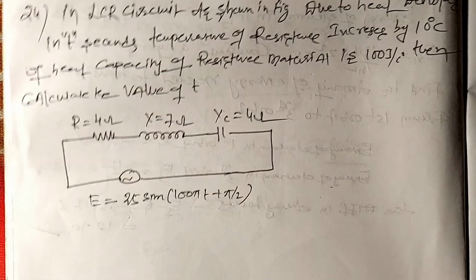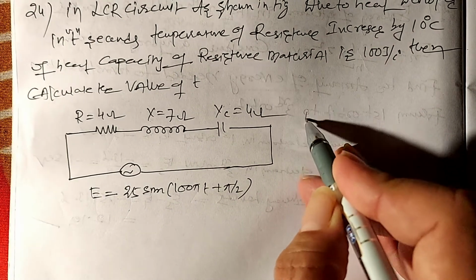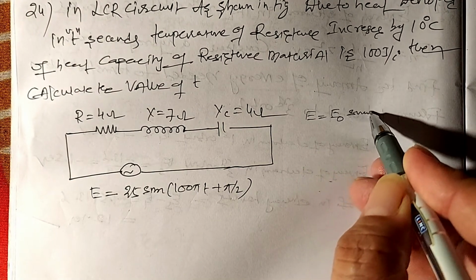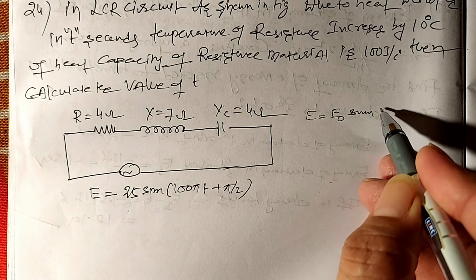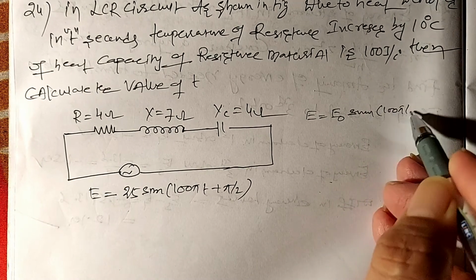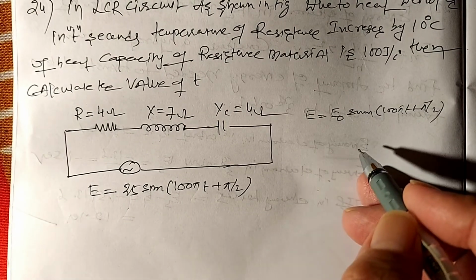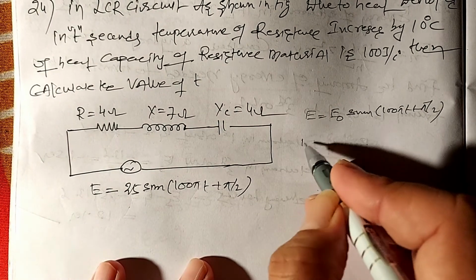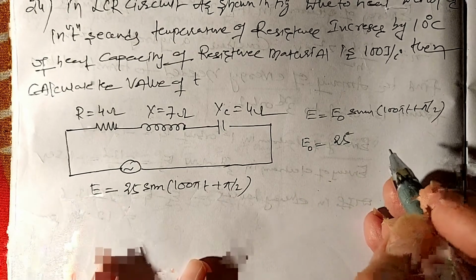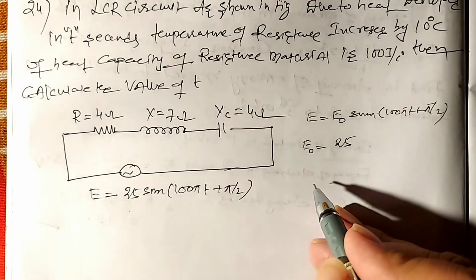Here we know that E is equal to the general equation E0 sine 100 pi T plus pi by 2. Okay, so here E0 is equal to how much? 25. E0 is equal to 25.